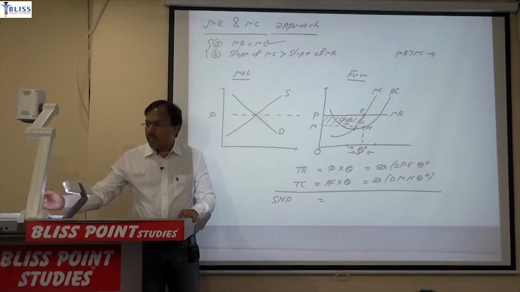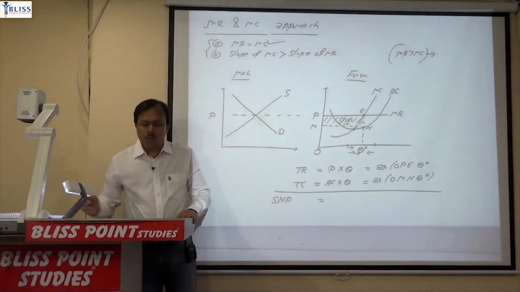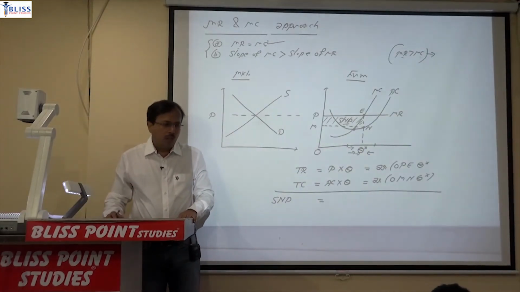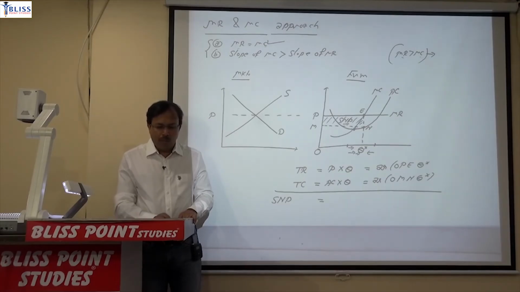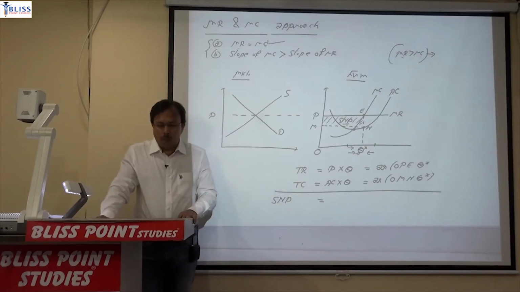Within bracket you can write MR greater than MC. More to revenue and less to cost. So profit can be increased. Profit can be increased by producing more output.